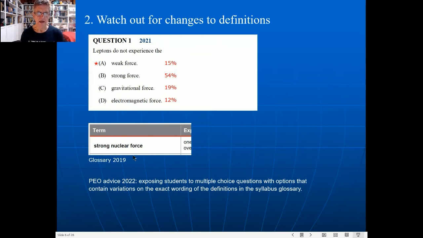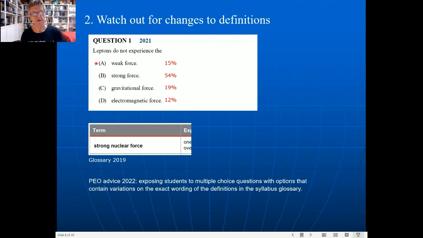One of the comments made by the QCAA in the subject report, they gave some advice: expose students to multiple choice questions with options that contain variations on the exact wording of the definition in the glossary. So that's what's happened there, so just be prepared for that, and don't expect the definitions to be word for word with the glossary.